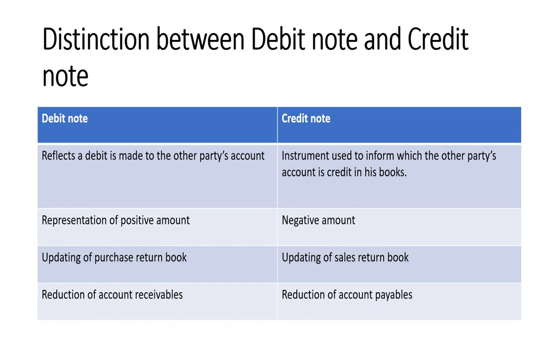In the debit note, the amount will be increased, whereas in the case of the credit note, it will be reduced from the supplier's point of view. Issuance of a debit note leads to updating the purchase return book, whereas a credit note leads to updating the sales return book. A debit note is a reduction of the account receivables, whereas a credit note is the reduction of account payables.